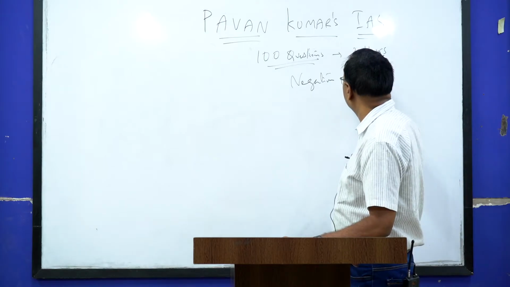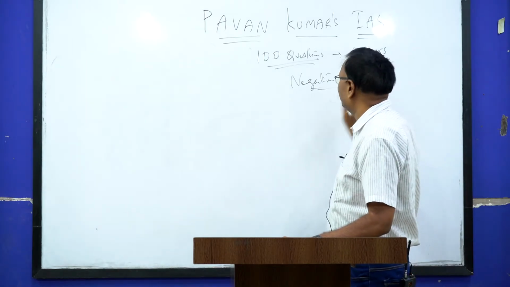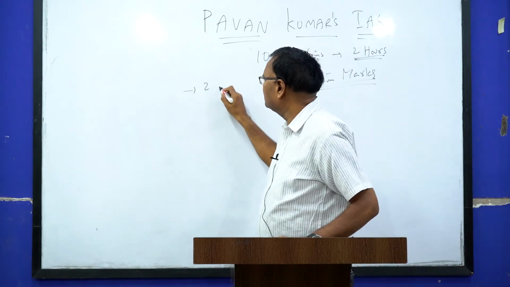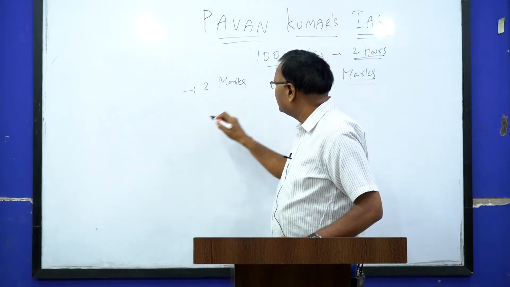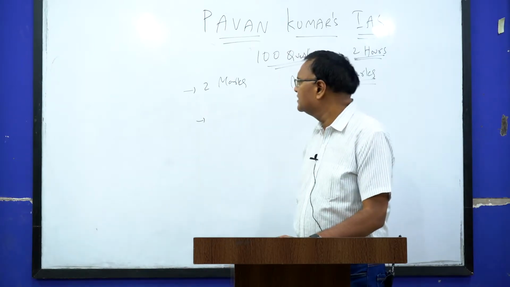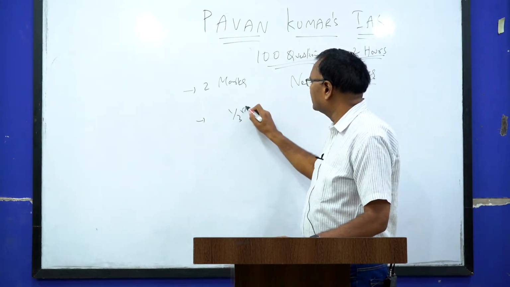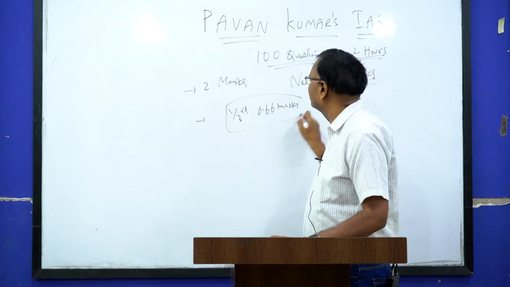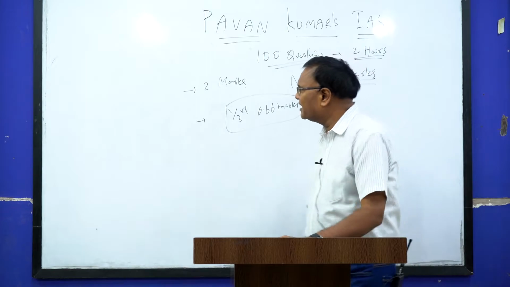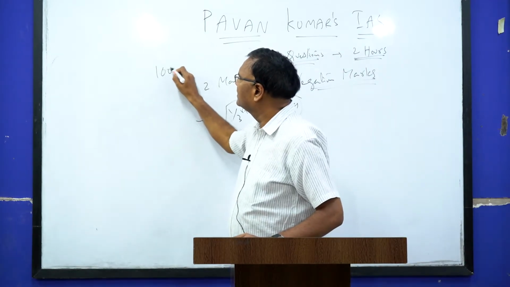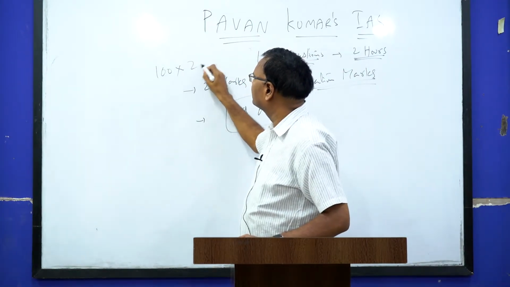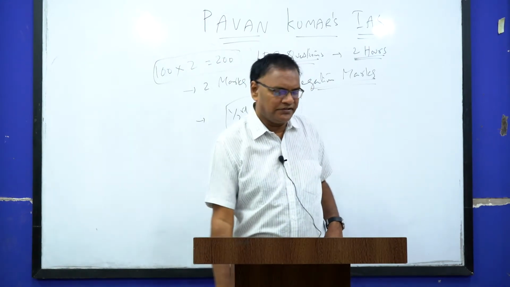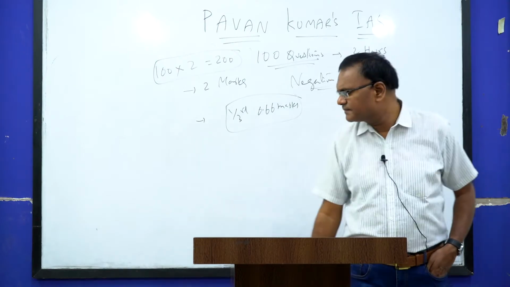If you get the answer right, you get 2 marks, and if you get the answer wrong, 1/3 will be deducted. That means 0.66 marks will be deducted. So the maximum marks are 100 questions into 2, 200 marks. So the maximum marks in your General Studies paper are 200 marks.